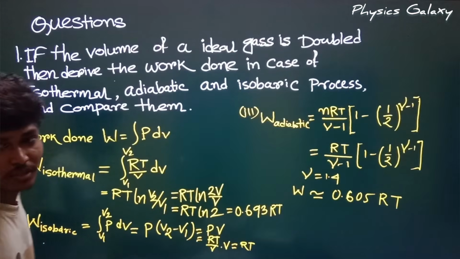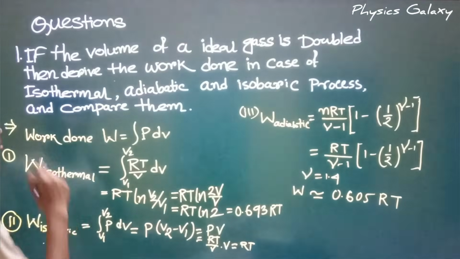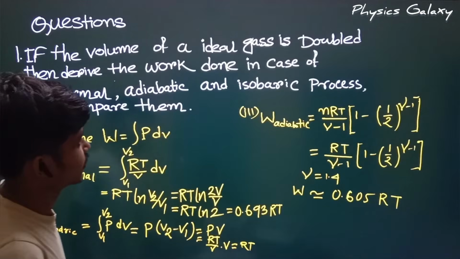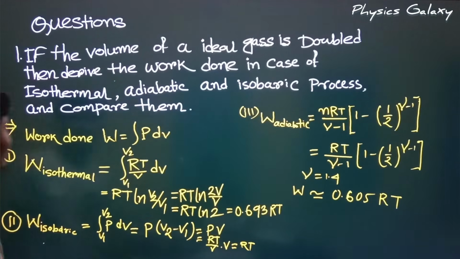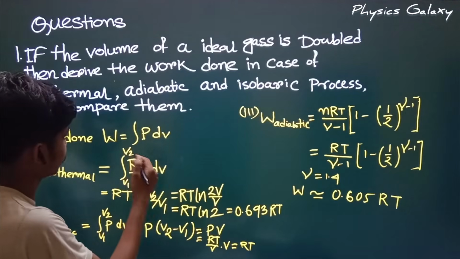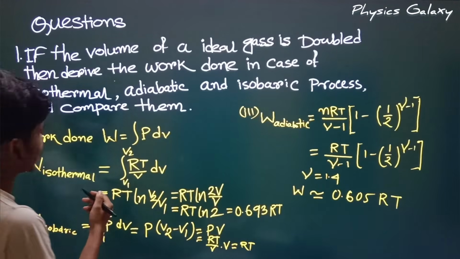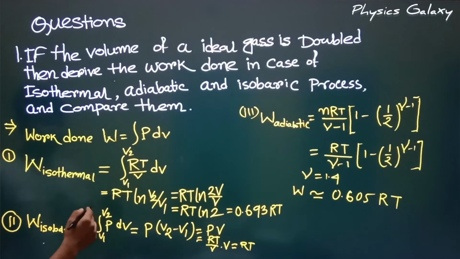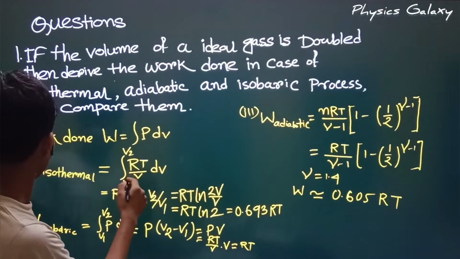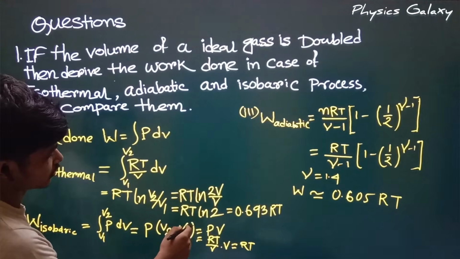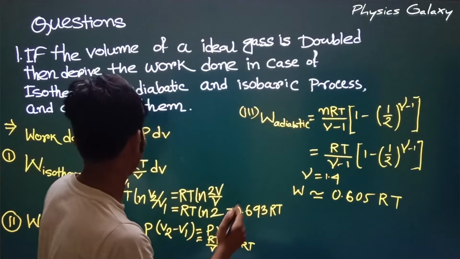At first, one of the professors asked me: if the volume of an ideal gas is doubled, derive the work done in the case of isothermal, adiabatic, and isobaric processes and compare them. We know the formula for work done, W equals the integral of P dV. For the isothermal process, that is temperature T equals constant, solving this integration we can easily find the result is RT log 2, that is 0.693 RT.